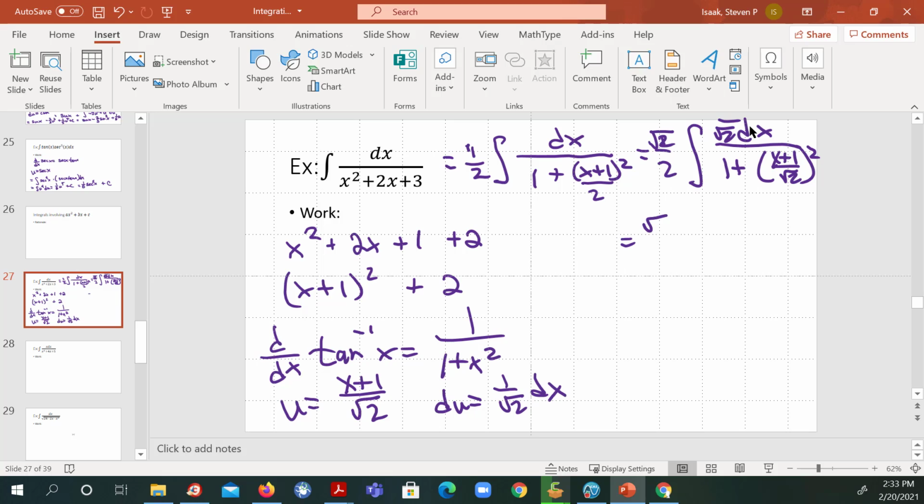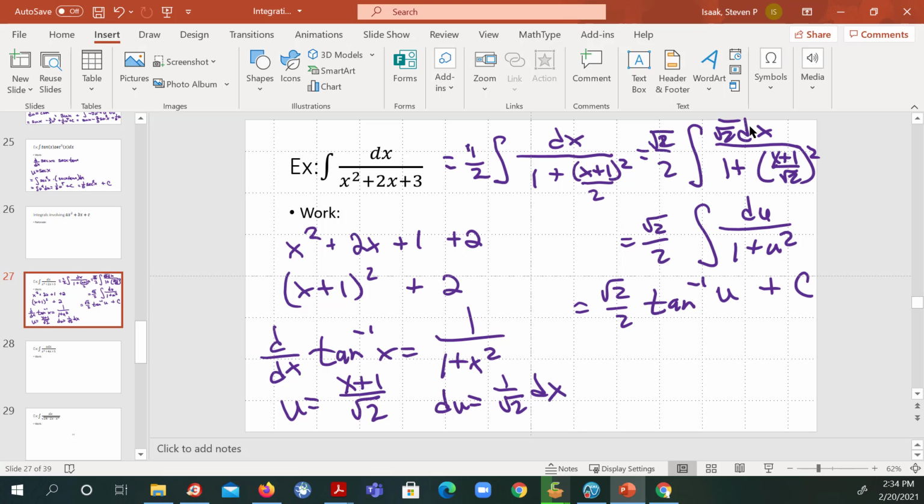So this becomes root 2 over 2 times the integral of du over 1 plus u squared. So this is root 2 over 2 arctangent of the angle. Don't forget to add the constant like Mr. Isaac. But what was u? u was the sum of x and 1 all over root 2.